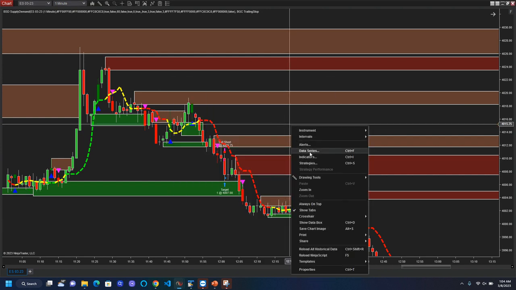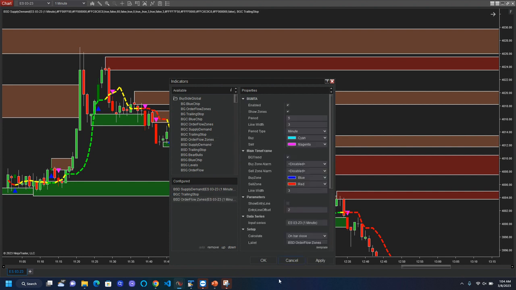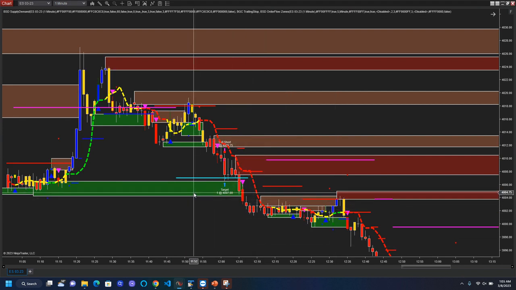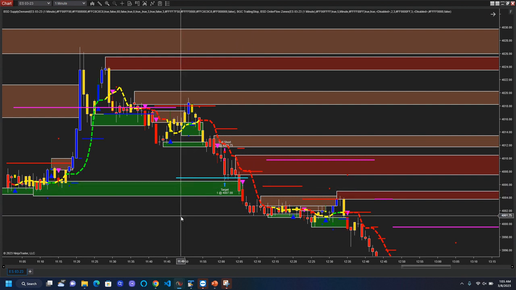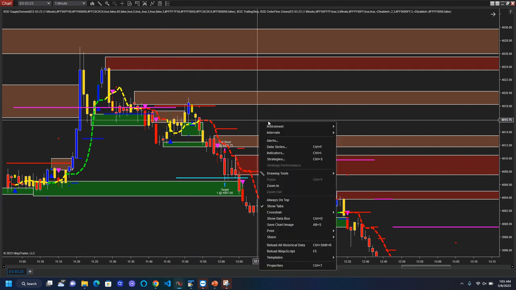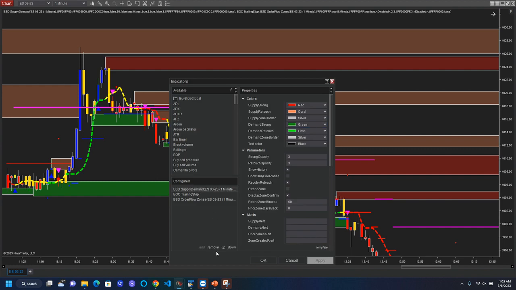And then I wanted to add one more indicator, order flow zones. This is one of our most widely used indicators, next to supply and demand, because if you look at this particular indicator alone, I'm going to remove everything so that you can see clearly what it can do.